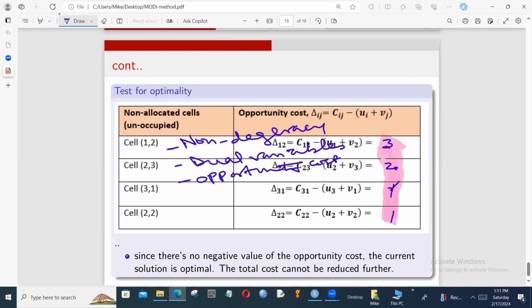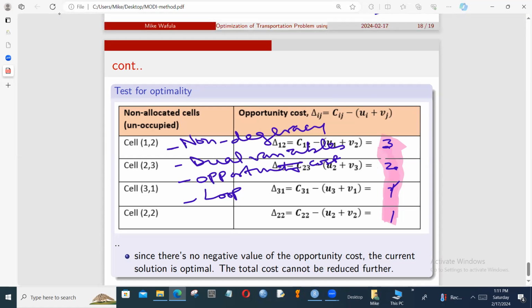But if we get a negative, you go to the cell corresponding to that negative and draw a loop. Upon drawing the loop, you assign negative and positive signs alternately, beginning with the first cell being positive. Then check, among the cells with the negative sign, which one has the least amount. That amount is what you shift to this new unallocated cell that you are investigating.